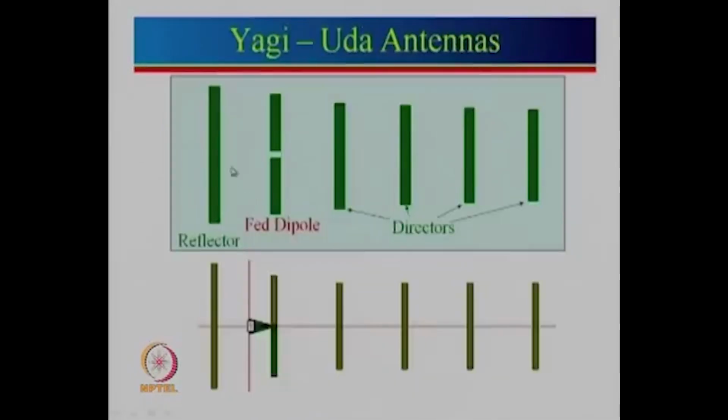In fact, I also want to mention that the Yagi-Uda antenna was very popular at one time for receiving TV signals. Let us say in Mumbai we have a TV transmitter at Worli that is transmitting in all directions. Somebody sitting at IIT Powai has to direct the antenna towards Worli. So they used the Yagi-Uda antenna.